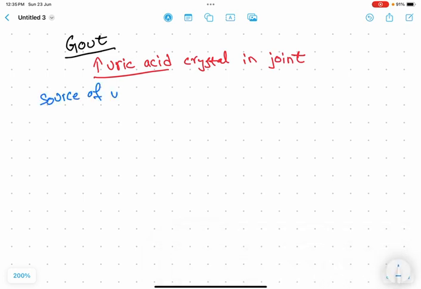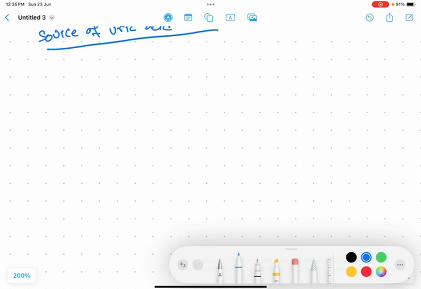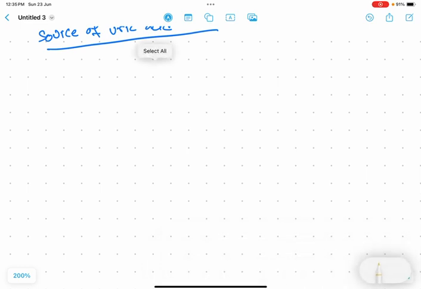Source of uric acid. From general biochemistry, we can understand that purine converts to xanthine in the presence of xanthine oxidase.